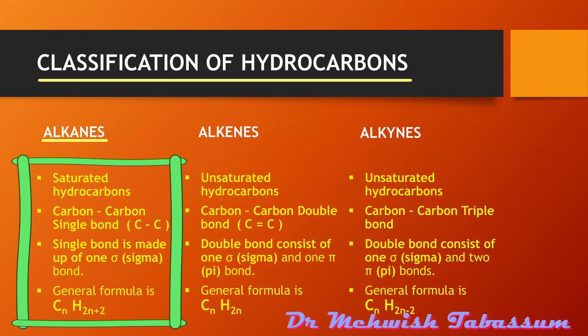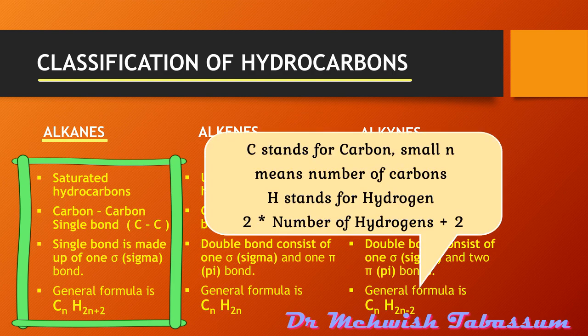Next is the general formula of alkanes, that is CnH2n+2. C stands for carbon. Capital C stands for carbon. n means number of carbons. Capital H means hydrogen. 2 multiplied by small letter n means 2 multiplied by number of carbons, and then add further 2, so 2n plus 2.